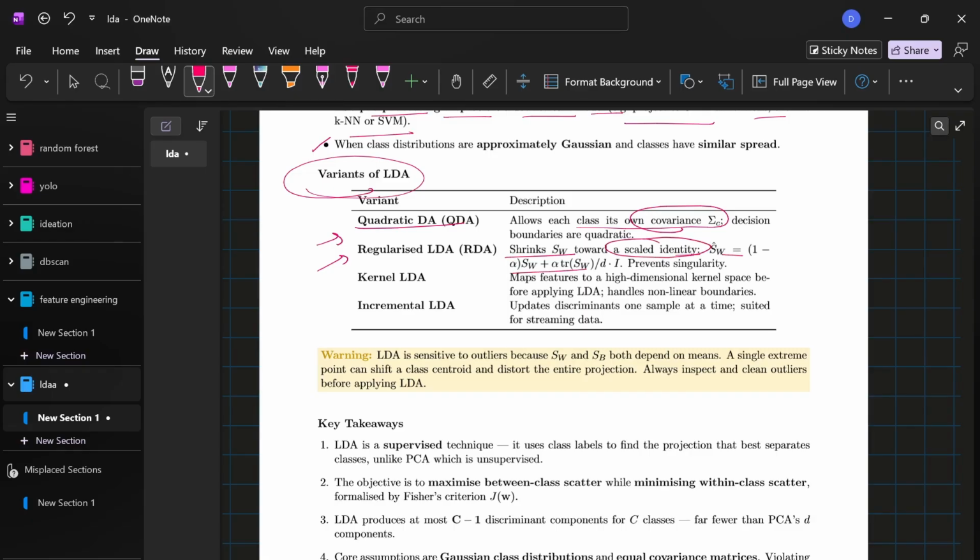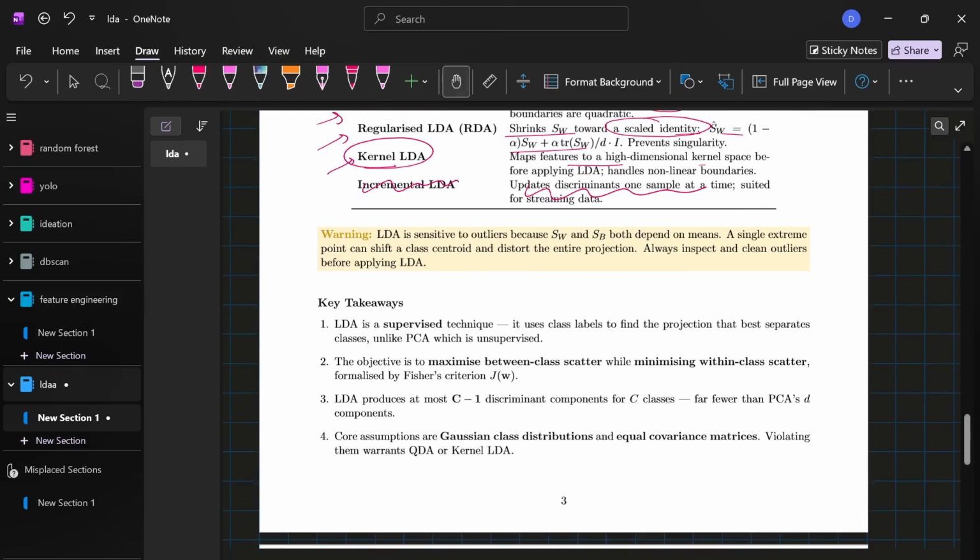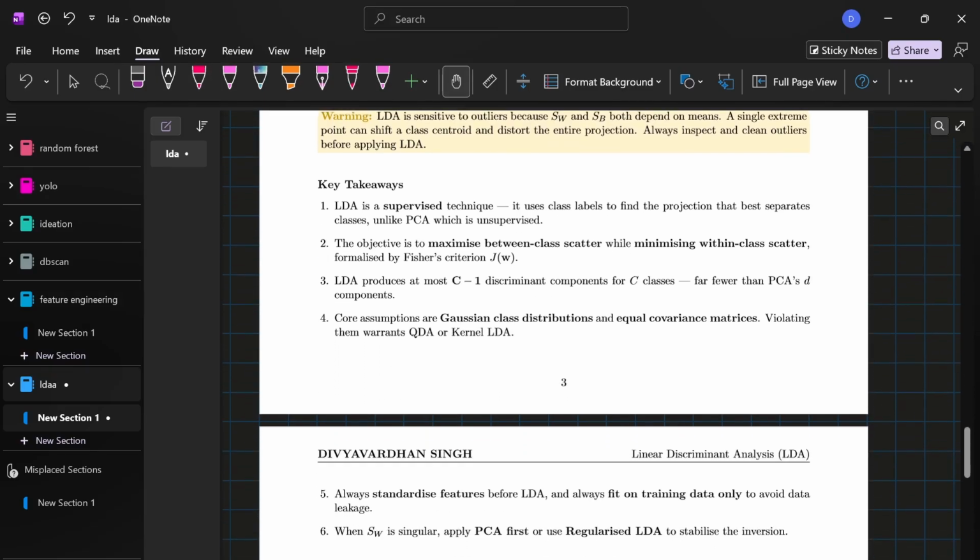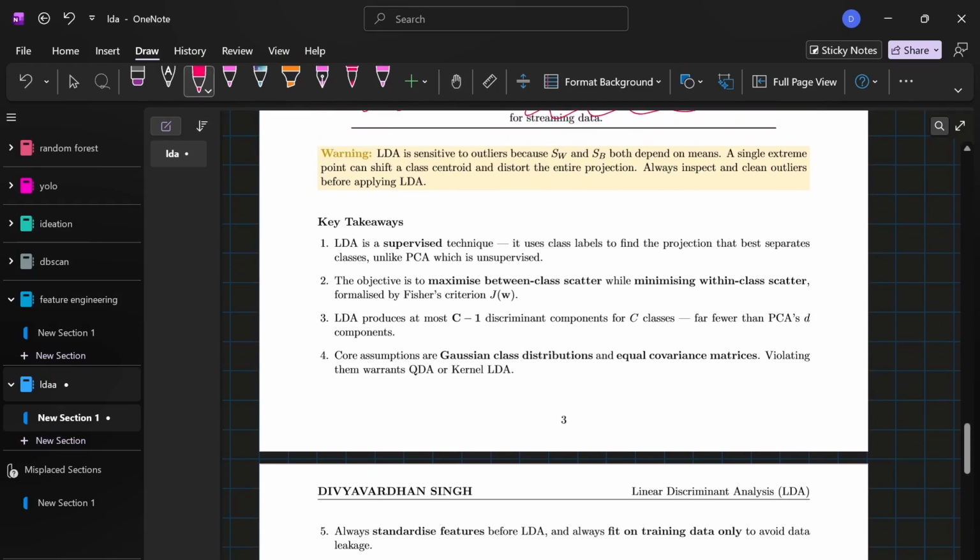This prevents the inversion from blowing up. And kernel LDA maps your features into a high dimensional kernel space before applying LDA. This will handle non-linear boundaries. Okay. So here are written some of the common pitfalls that you can go over. It's about the formula only, so it's not that important.